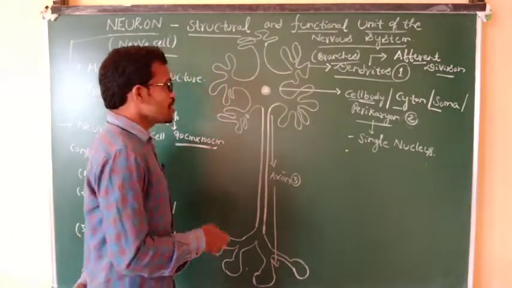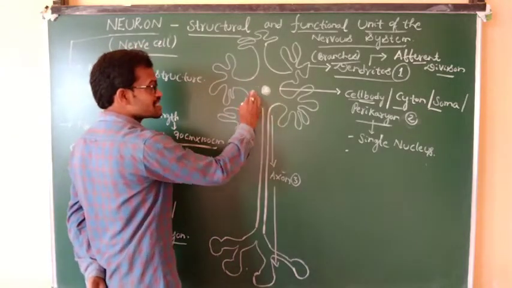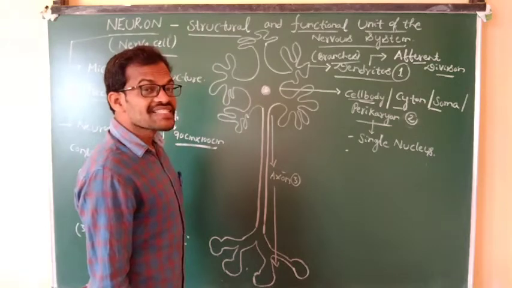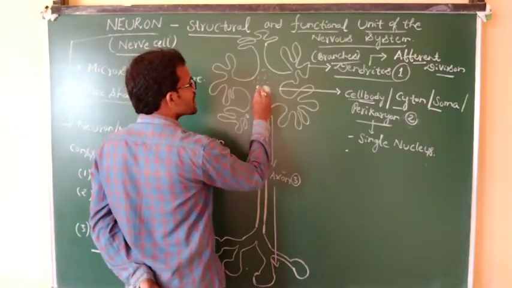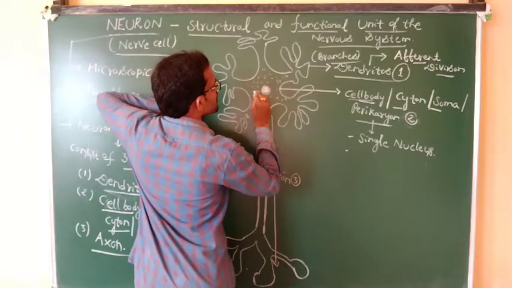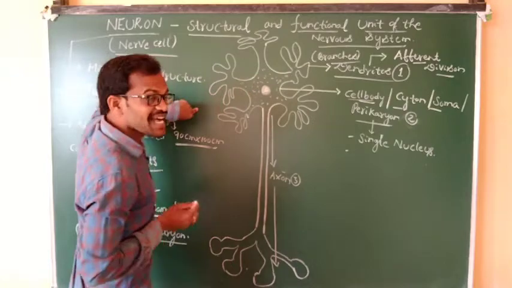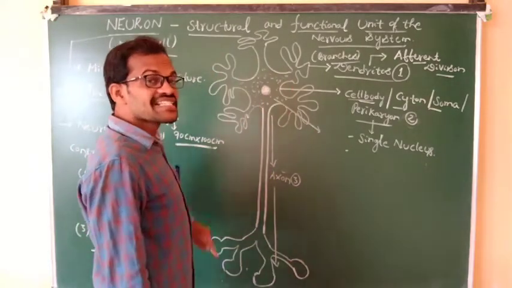And also the cyton. Cyton means cell body. This cell body consists of cytoplasm.